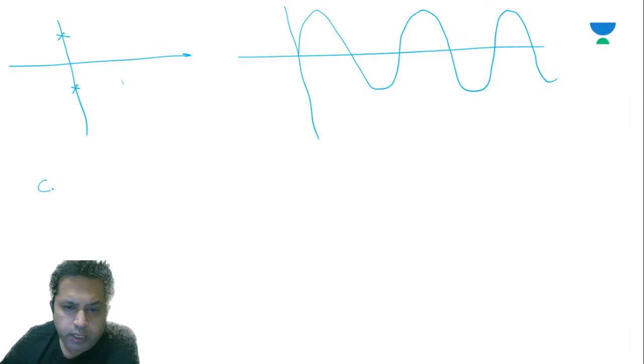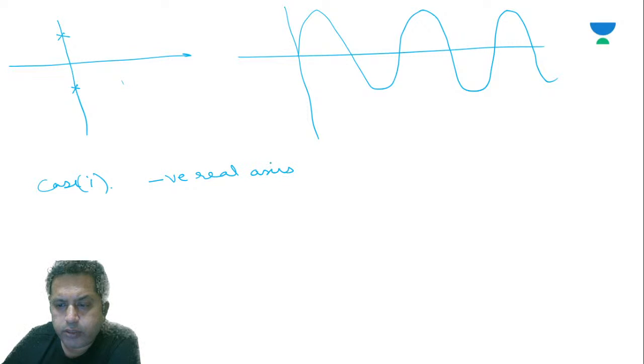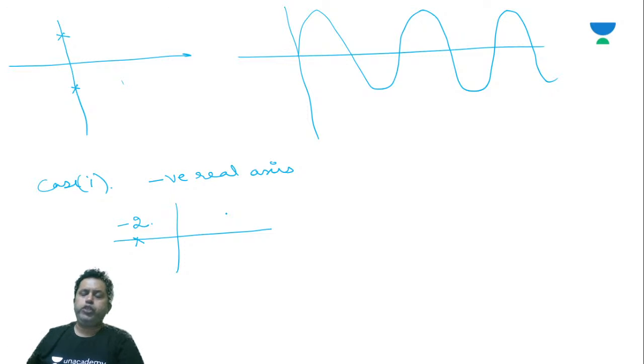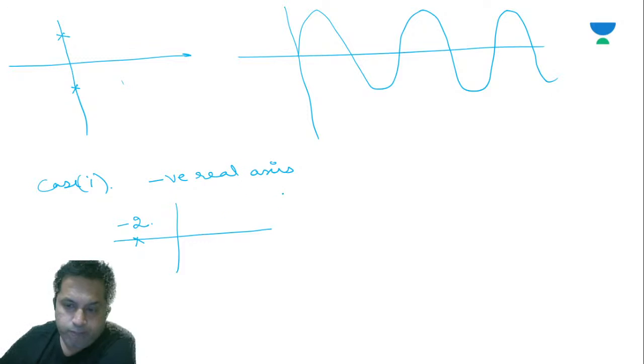Case 1, poles on the negative real axis. Let us say this pole is on the negative real axis at -2. There are no zeros, only poles.